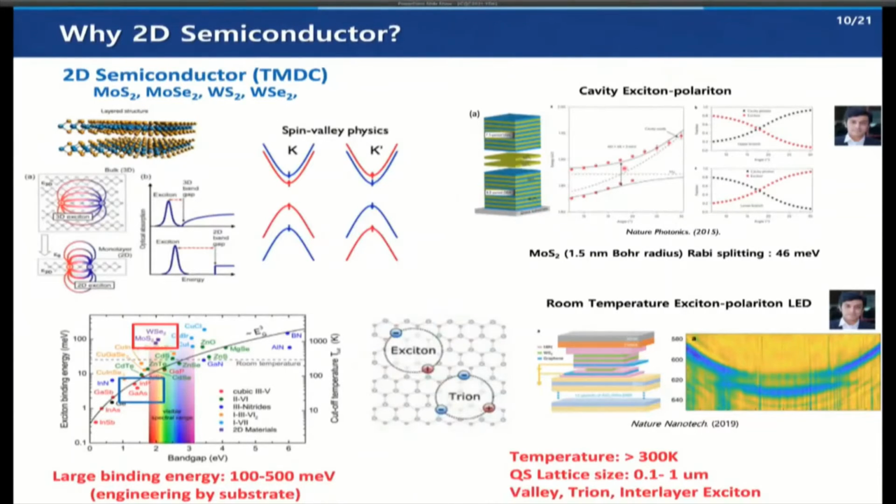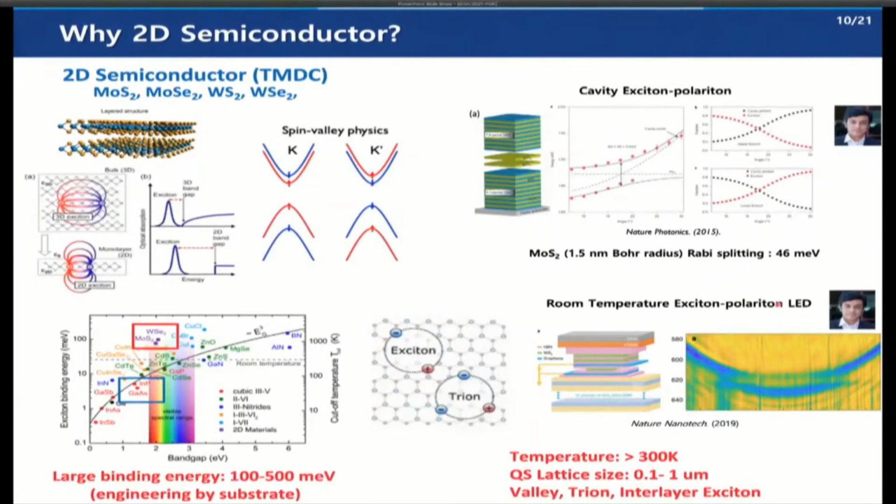The first demonstration created exciton polaritons using only optical excitation, but in 2019 the Menon group also used electron injection and demonstrated that electrically driven exciton polaritons are possible, working at room temperature. So large binding energy and high temperature operation are big advantages compared to gallium arsenide.